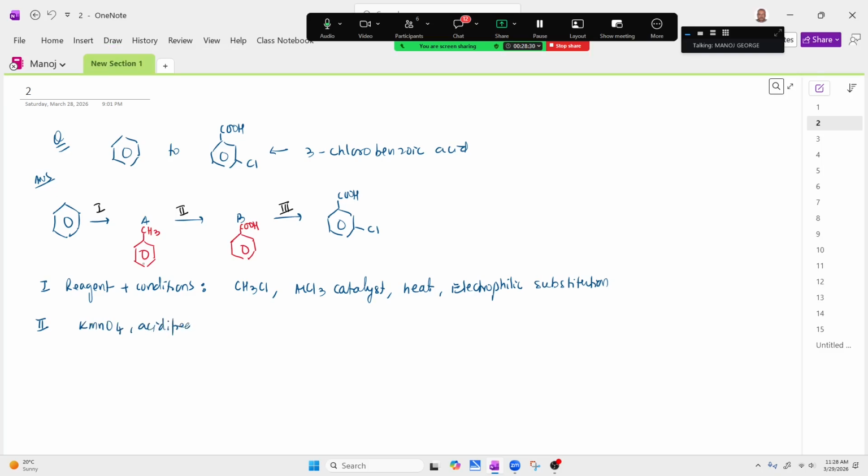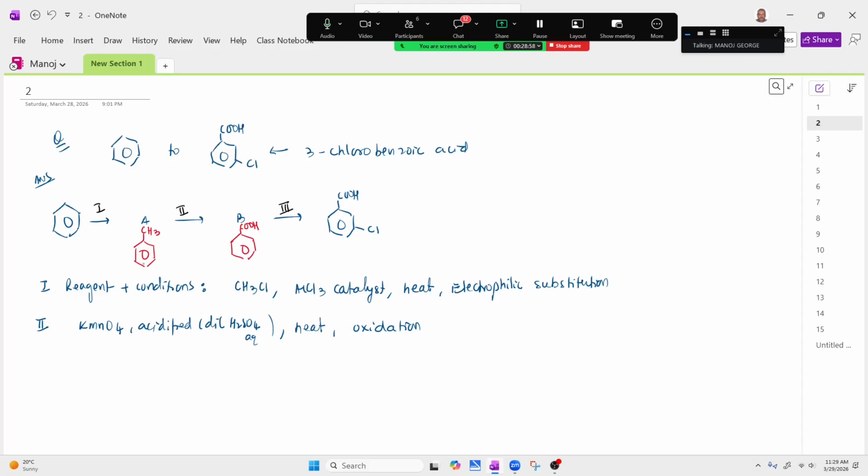Normally, when we say acidified, we use dilute H2SO4. That's what is used for acidification, and we also need to heat it. And this reaction is called an oxidation reaction. So the alkyl group on the benzene ring is getting oxidized. As you see, the hydrogen is being kicked out and the oxygen is coming in. So that's basically oxidation going on.